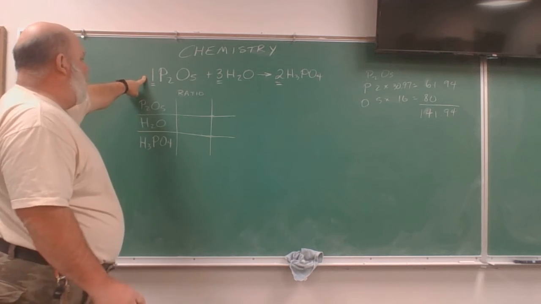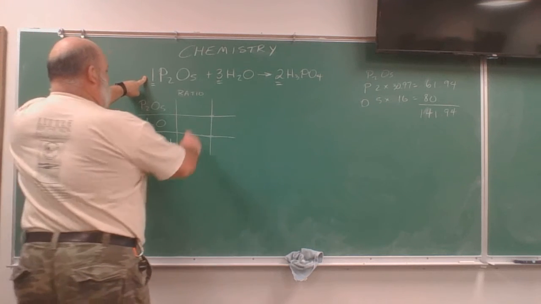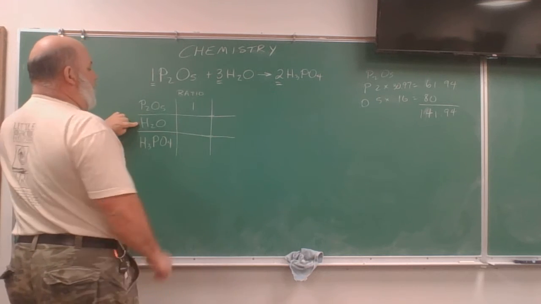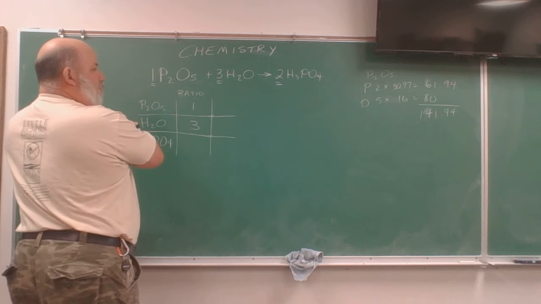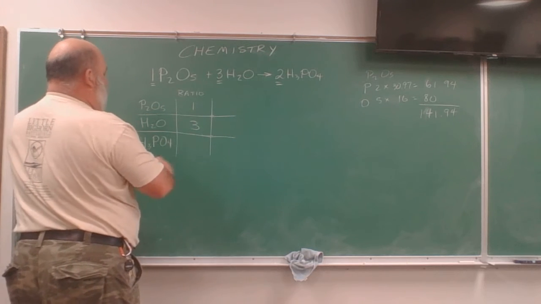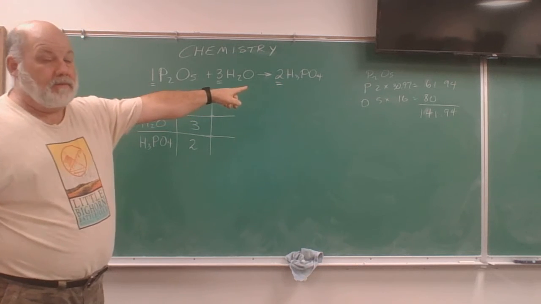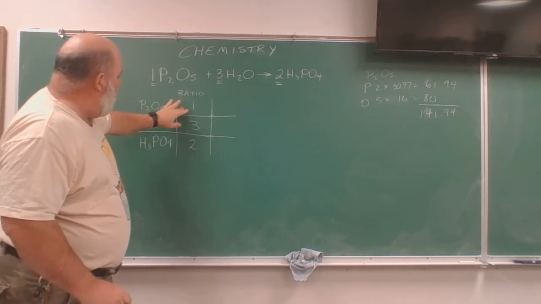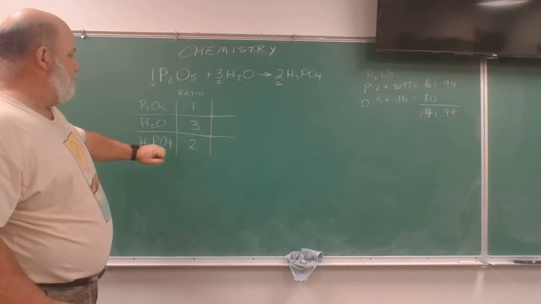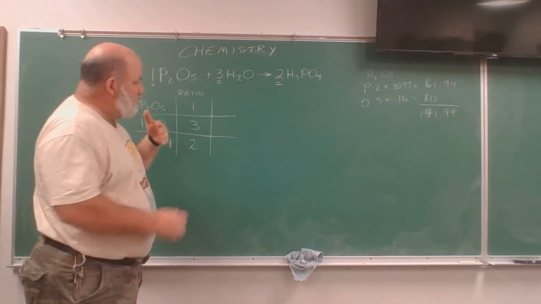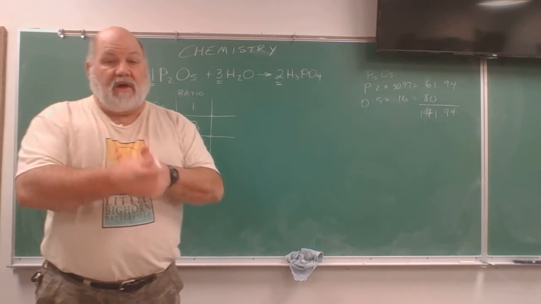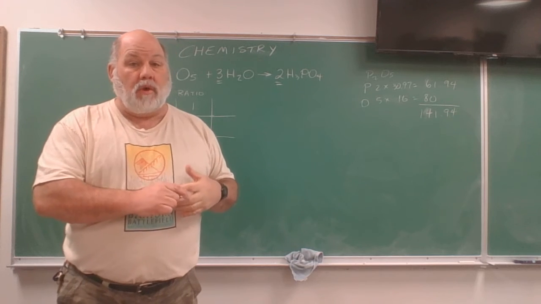For every 1 mole of the diphosphorus pentoxide, I will need 3 moles of water, and I will get 2 moles of the phosphoric acid. Okay? They're always going to be in this ratio. And from this, we can go find answers to other questions they give us.